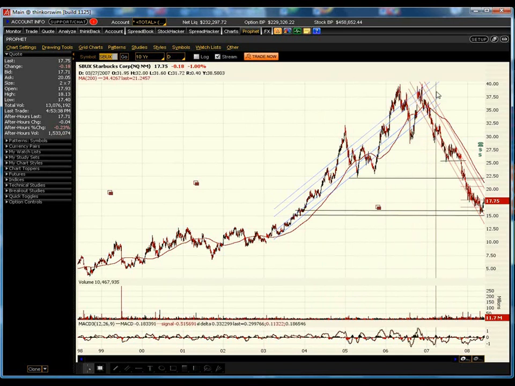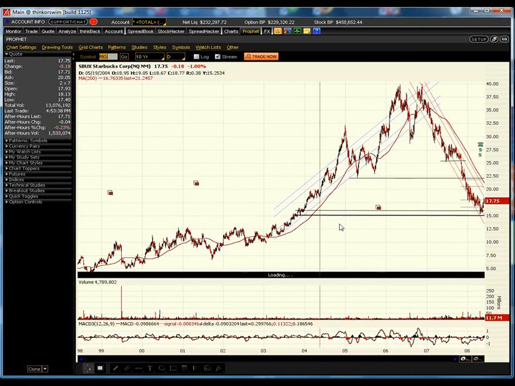Interest rates had started to go up just a little bit at this point. The consumer wasn't looking as good as he was back in 2003. So eventually, the mutual funds knew that they had to start looking for other stocks that would take the place of the consumer stocks that they had purchased.